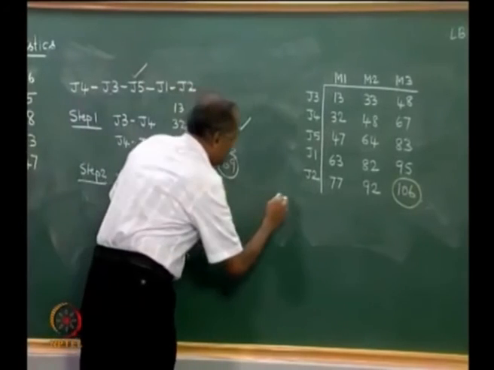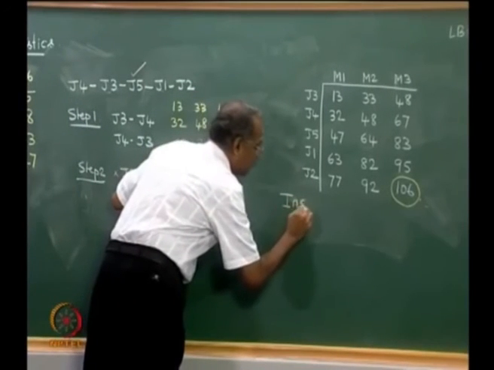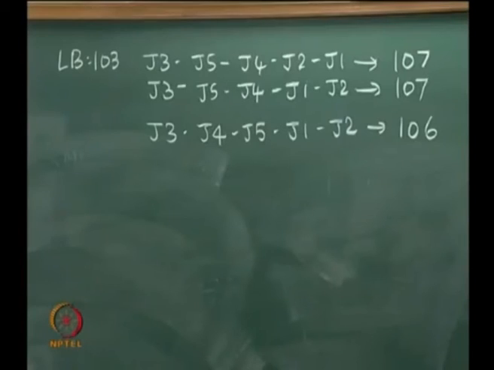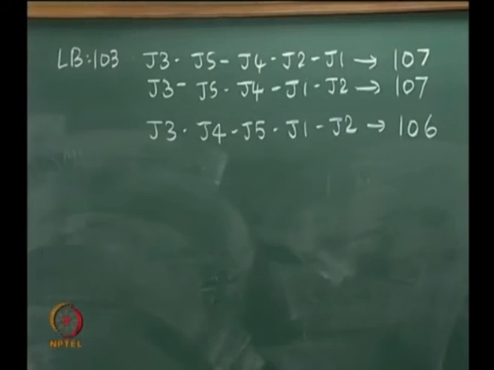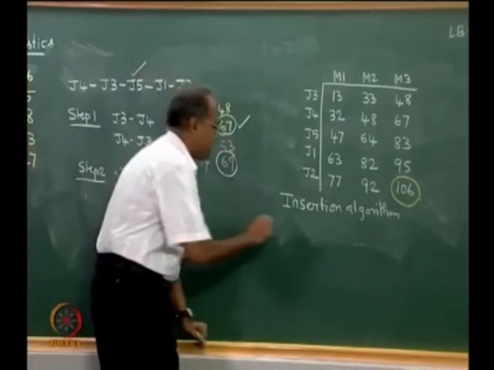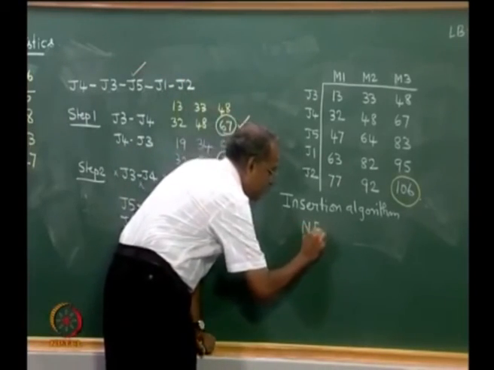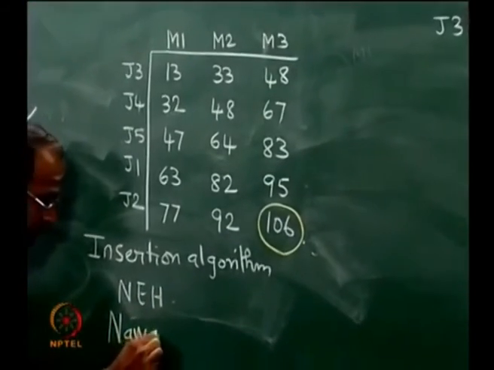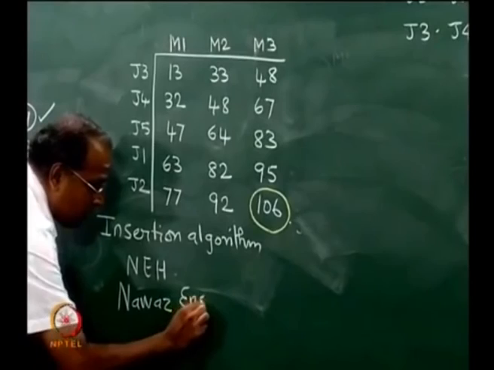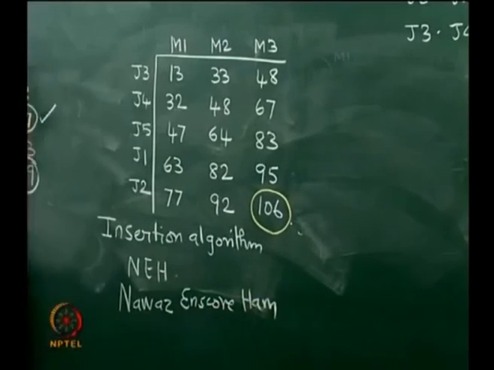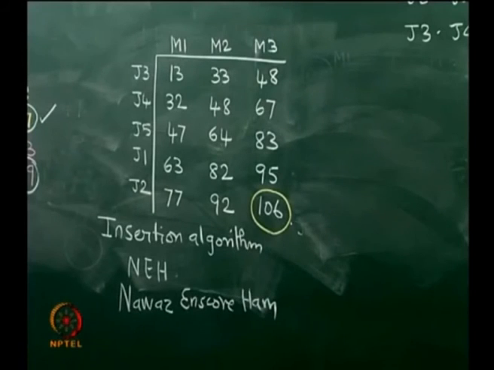Now this algorithm is an insertion algorithm. And this insertion algorithm for make span is called the NEH algorithm, stands for Nawaz, Enscore and Ham algorithm, which came in the year 1984.